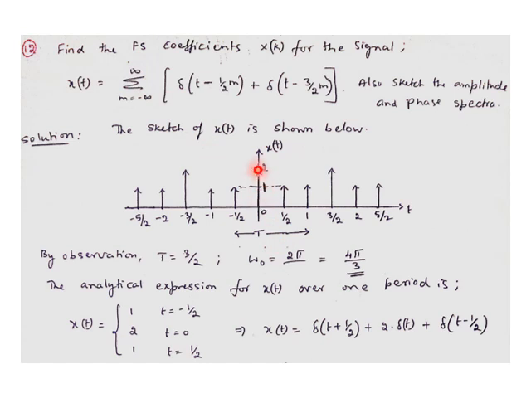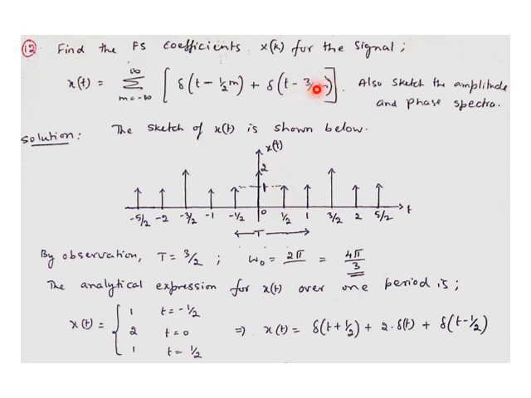So when t is equal to half, m equal to 1 needs to be considered. Only the delta t minus half term is obtained, so the amplitude is 1.